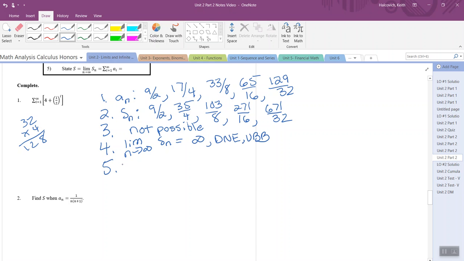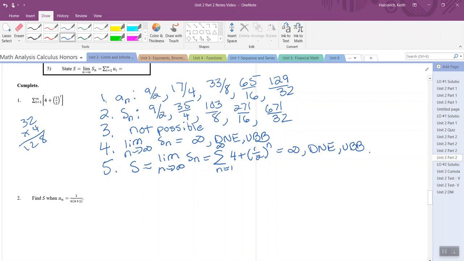And then the sum of the sequence is the same as the limit of the sum. Since it's 4 plus 1/2 to the n, and that's equal to infinity, which means it does not exist.